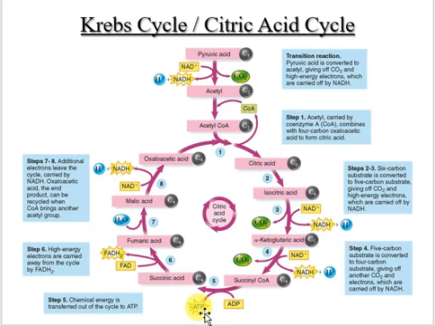So for each turn of the Krebs cycle, you're going to have 3 NADH, 1 FADH2 molecule produced, 1 ATP, and also 2 molecules of CO2. Carbon dioxide is also a byproduct of the Krebs cycle.